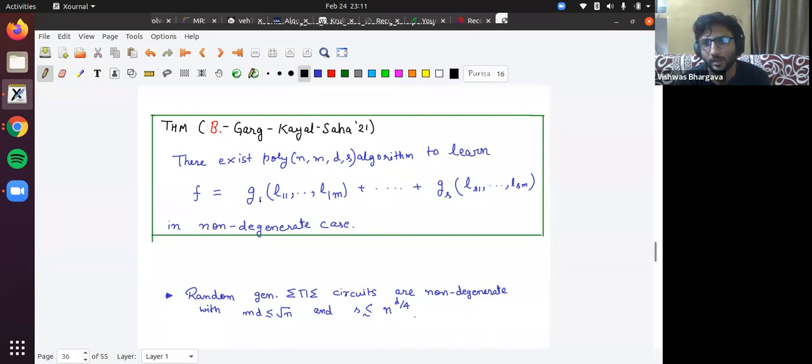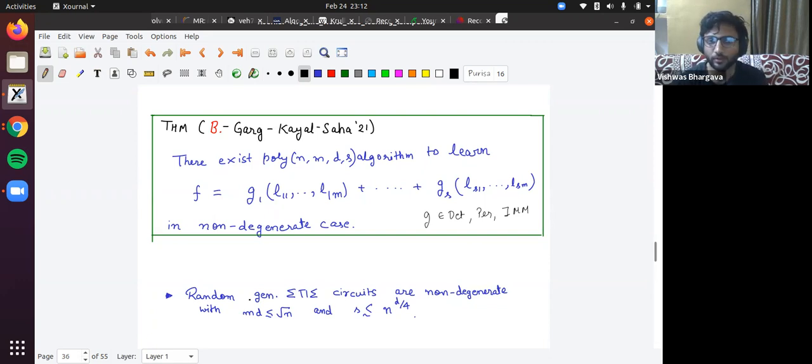Think of G_i being any polynomial right now. If G_i is a monomial, what you get is a depth 3 circuit, just sums of products of linear forms. But here G_i can be an arbitrary polynomial. For example, G_i can be determinant, permanent, iterated matrix multiplication, or any polynomial. So you can learn this kind of thing in the non-degenerate case.